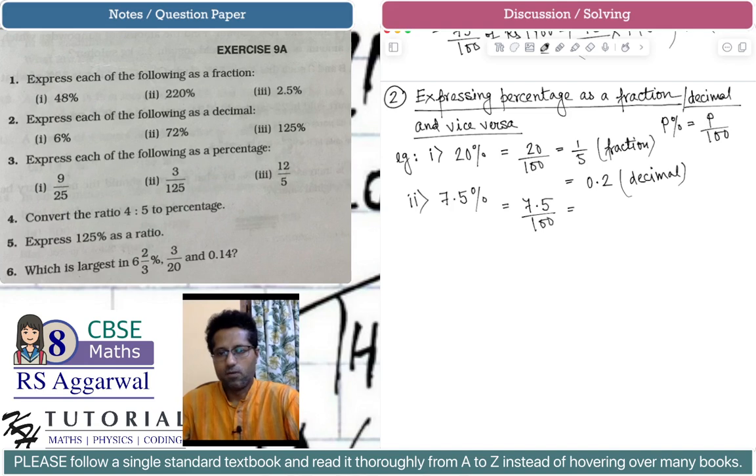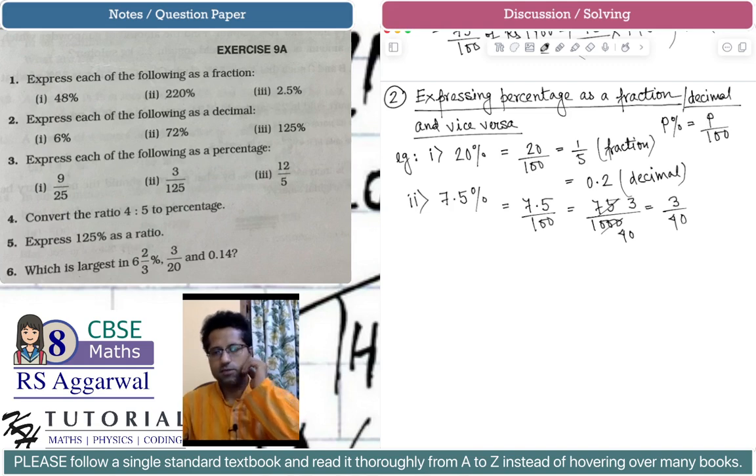Now 7.5 is 75 by 10, so it will be 75 by 1000. If you reduce this fraction to its simplest form, 75 divided by 25 is 3, and 1000 divided by 25 is 40. So 7.5% as a fraction is 3 by 40.